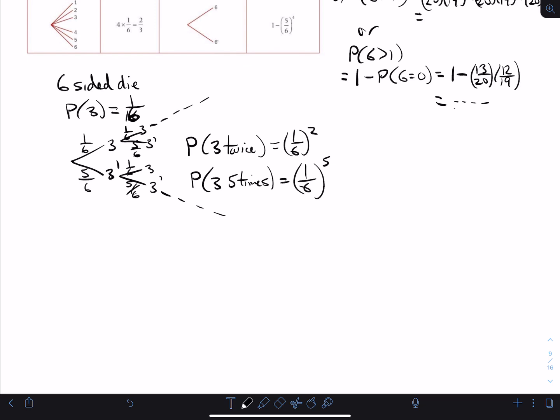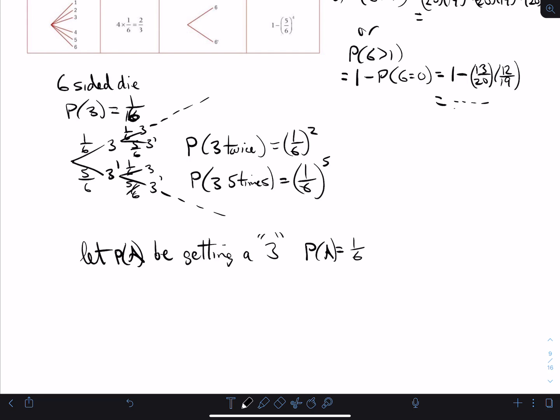Let's say that instead of using a number like 3, let's say we let event A be the chances, the probability of A be the probability of getting a 3 in my example. So in other words, the probability of A is equal to 1 out of 6.